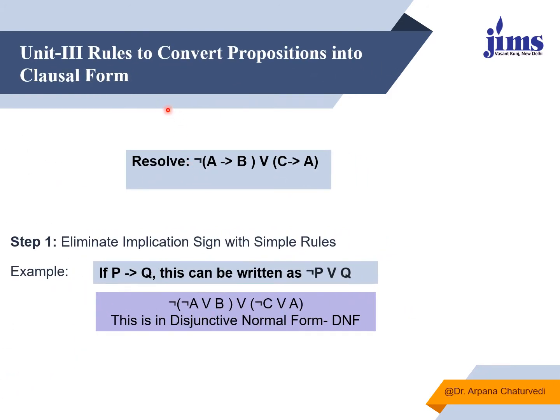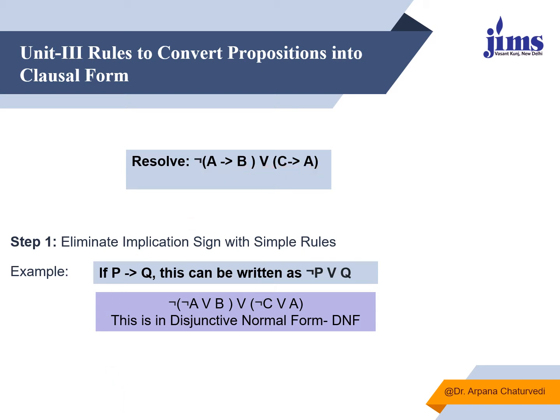Before converting any given proposition into conjunctive normal form, we should understand the different rules and steps. Let's say we are given not (A implies B) or (C implies A).